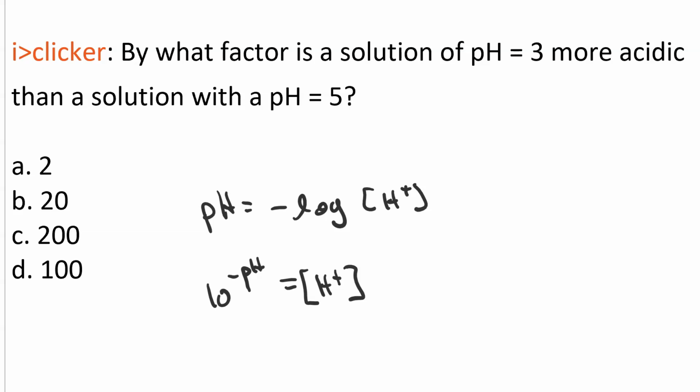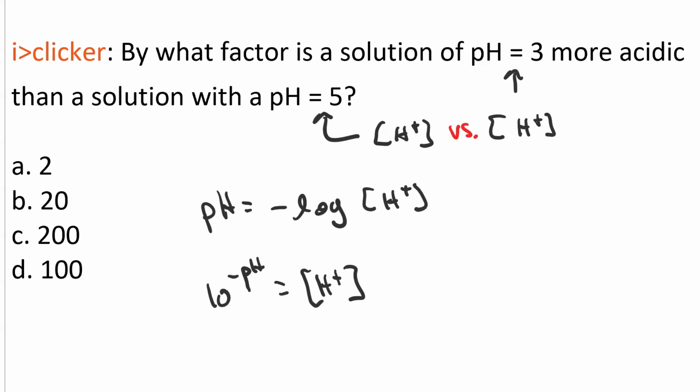And remember, the square brackets mean molarity of. So, what you need to do is find the hydrogen ion concentration when the pH is 5, find it at the pH of 3 as well, and then compare the two. Now go ahead and pause your video while you work.